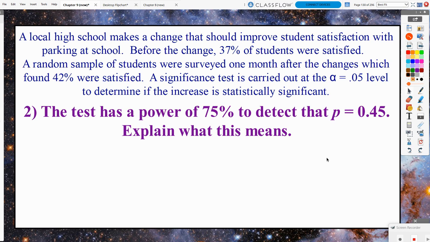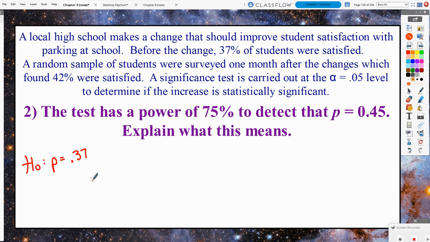Now, the test has a power of 75% to detect that P is really 0.45. Before we explain what this fully means, consider that the null hypothesis, at the beginning of the problem, was that the satisfaction rate was 37%.